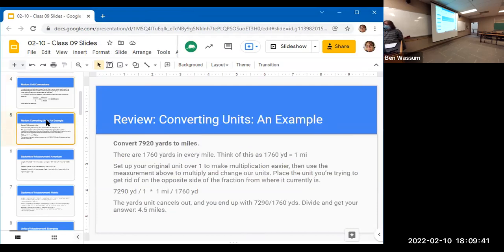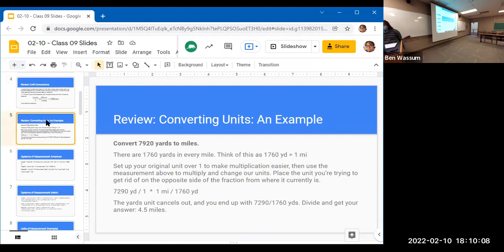All right. Here's just another example. So if we were converting 7,920 yards to miles. In this particular case, like I said last time, you'll have a sheet of how things fit together when you're taking the test.